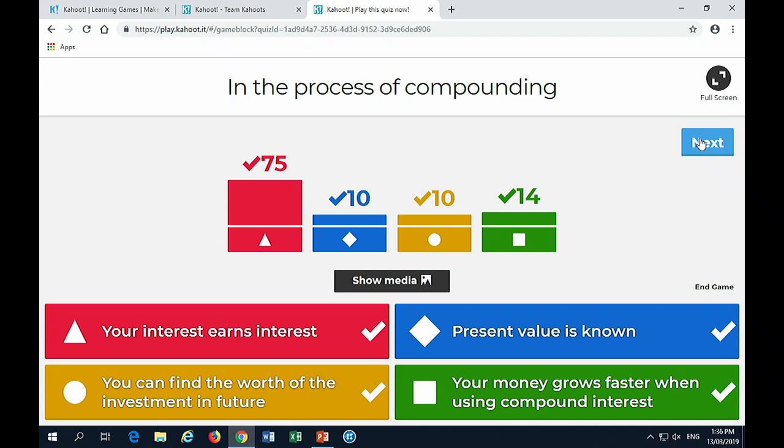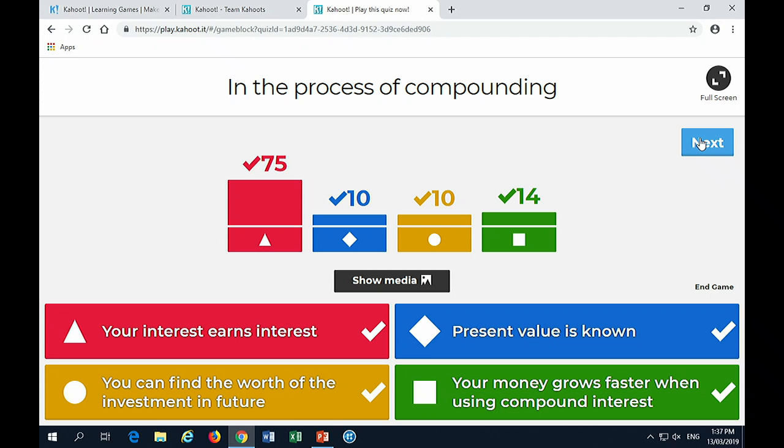In the process of compounding, is present value known? Yes, it is known, because in the process of compounding, you're finding the future value of a present amount. So if I want to compound $100, I know how much I have today, and I'm trying to find how much I am going to have in the future. So present value is known to you.